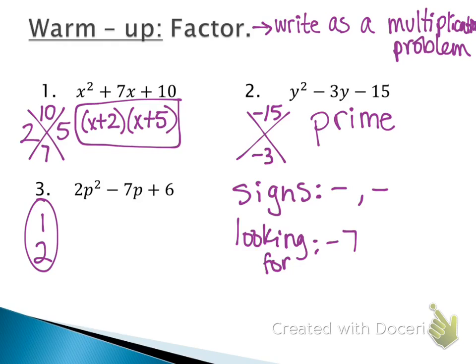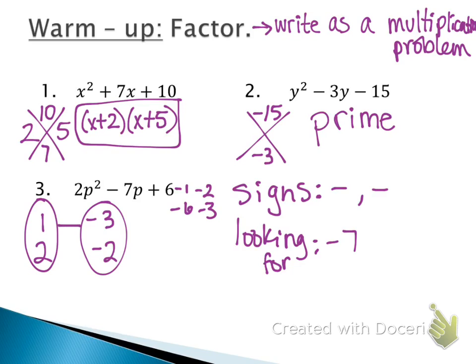What are our options for our second bubble? 1 and 6 or 2 and 3. And of course, we know already that they would both be negative. Any thoughts? -3 on top and -2 on bottom.